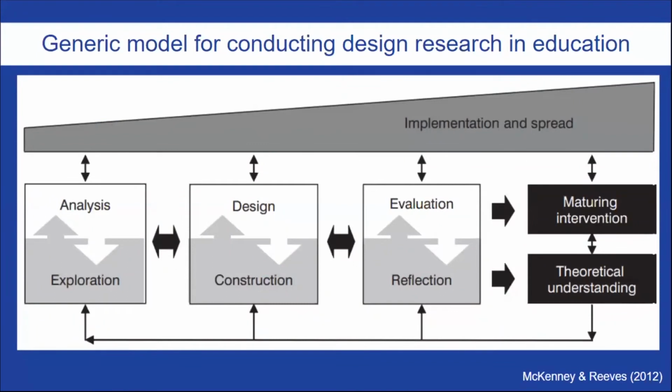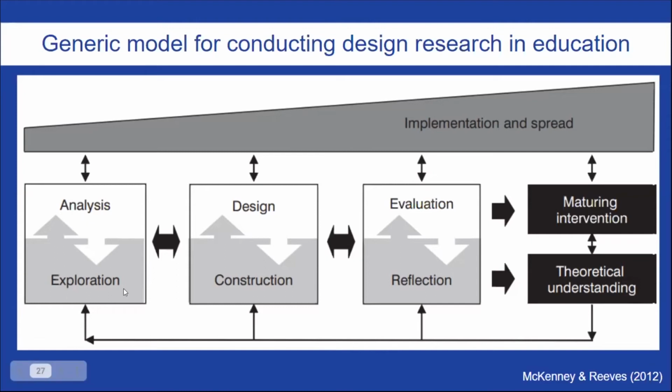Based on their survey and analysis of existing models and frameworks for design-based research, McKinney and Reeves created this generic model for conducting design research in education. This model shows the core elements of a flexible process that features the 3 main stages.